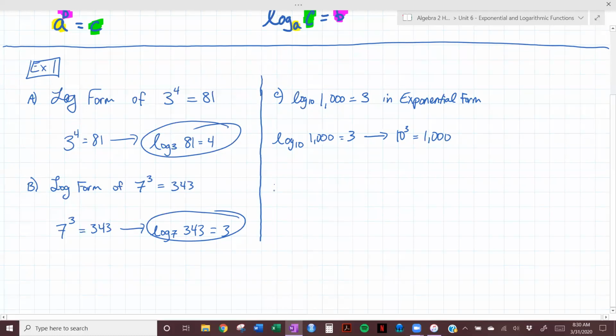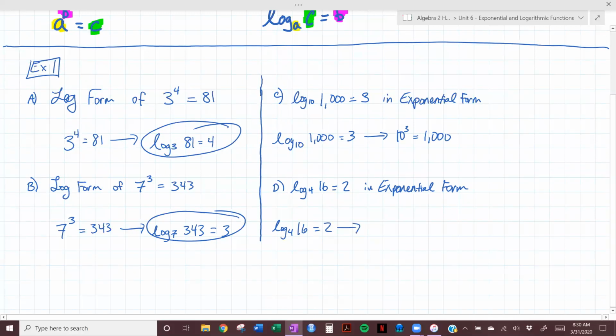And then D, we have log base 4 of 16 equals 2. We want it in exponential form.